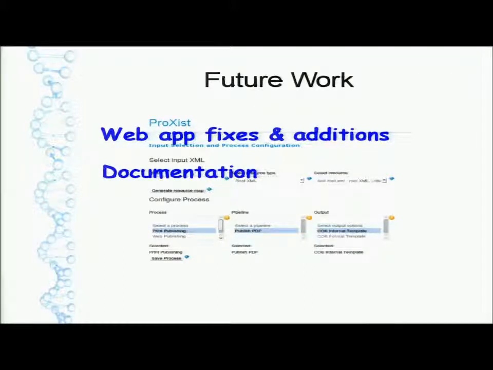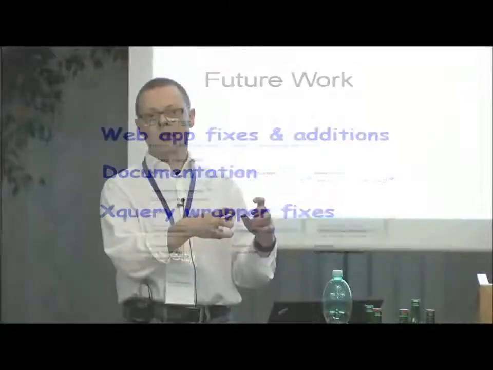Documentation is very important. I can hardly remember this thing myself. And this is the XQuery wrapper, the save XQuery. Right now it checks the content of the XML that is returned to find out what kind of XML it is, and it's really ugly. And it shouldn't be necessary because all that should be done by the child process.